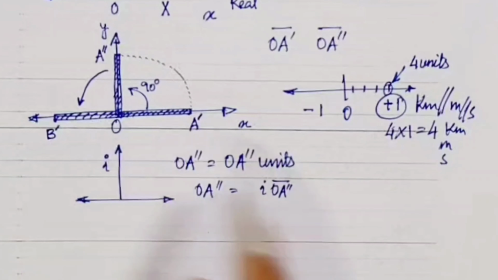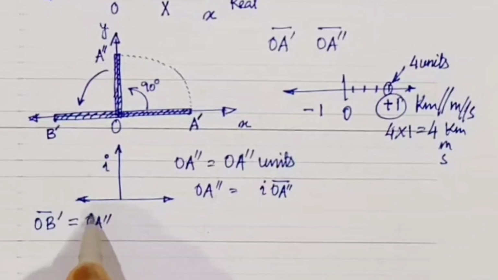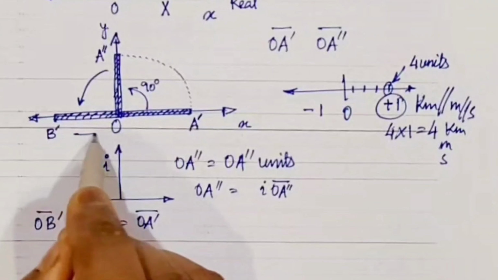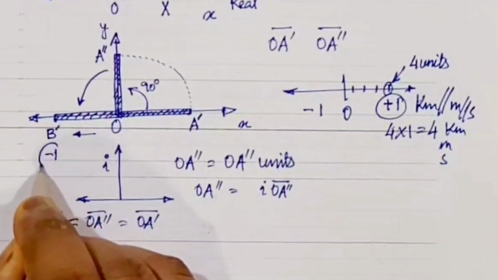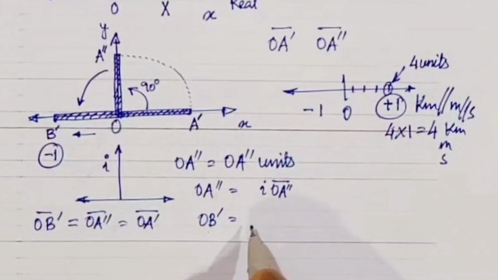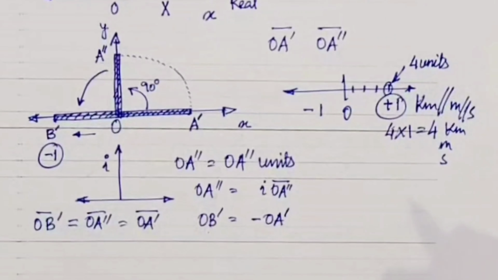Then OB prime is definitely equal to OA double prime, equal to OA prime in terms of the value. But this is on the negative side of the real axis. So the unit is -1. So OB prime is basically minus OA prime, negative OA prime.